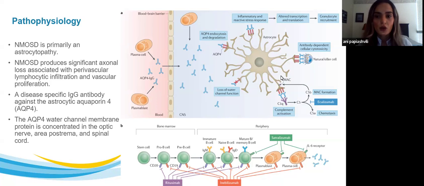Water imbalance will cause oligodendrocyte damage and demyelination, which is one of the important characteristics of neuromyelitis optica. And in addition to this, in NMOSD we have granulocyte accumulation and inflammation development, right?